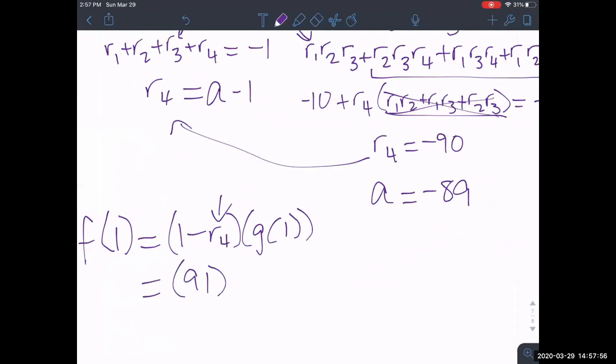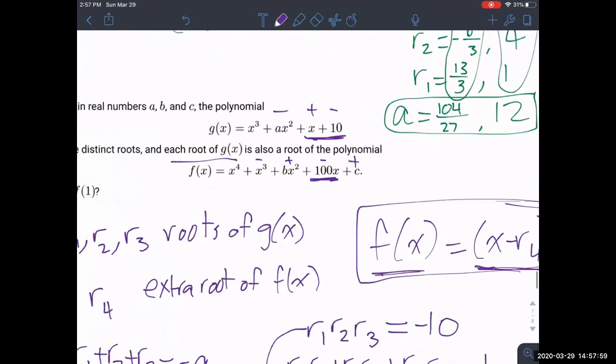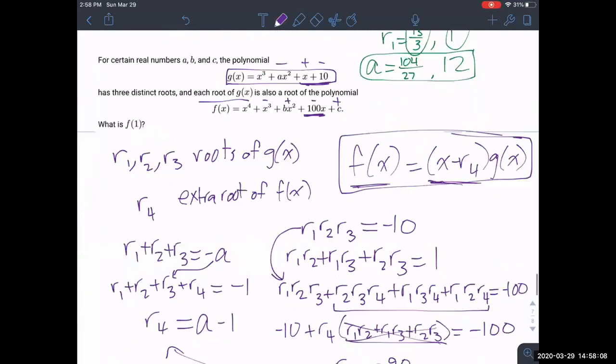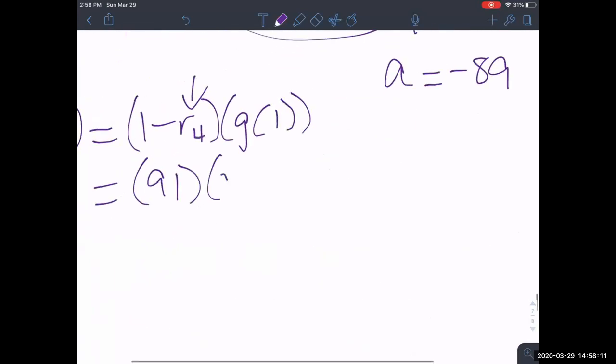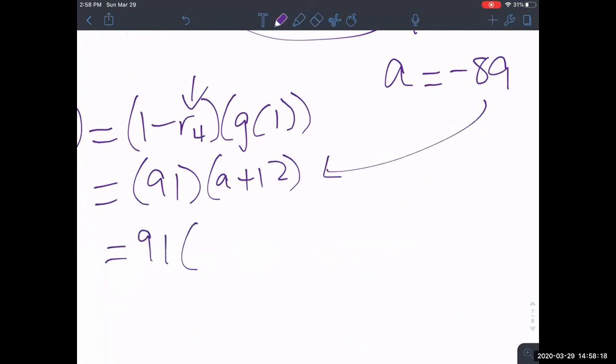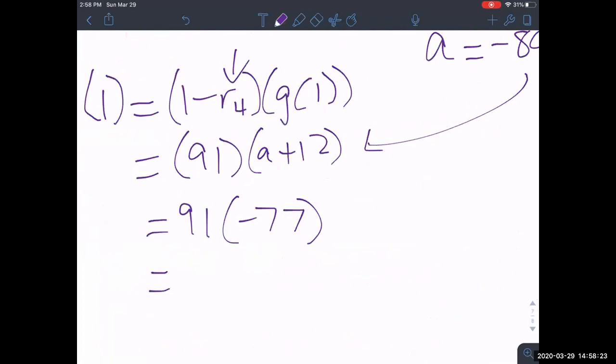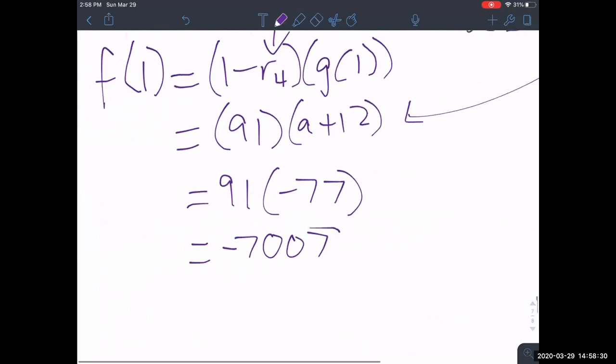Then g(1) is 1 plus a plus 1 plus 10, which is a plus 12. So it will be 91 times negative 77. I hope you don't make a mistake with the multiplication, because I probably would. It would be negative 7,007.